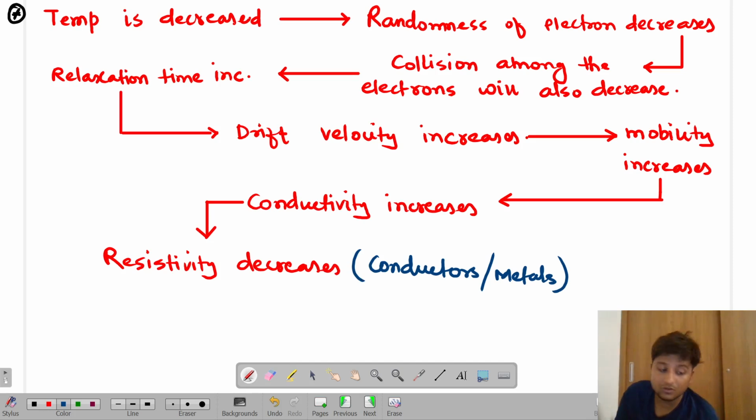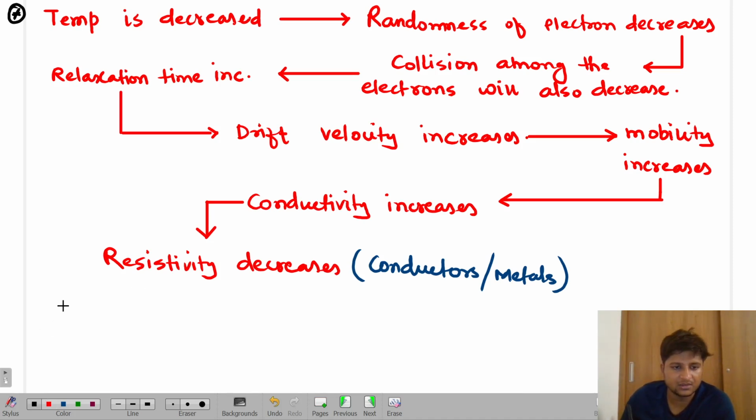So this is what happens when the temperature is decreased in the particular case. Are you able to get me or not? So these are my relations, isn't it? The reason for this is very, very simple: tau plays a very important role, meaning relaxation time is very necessary to understand, isn't it?